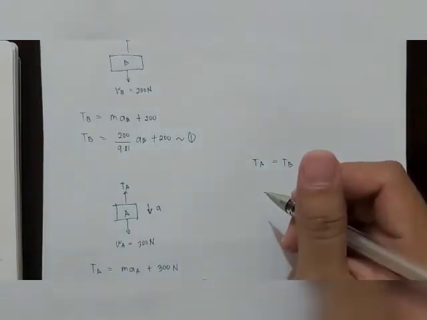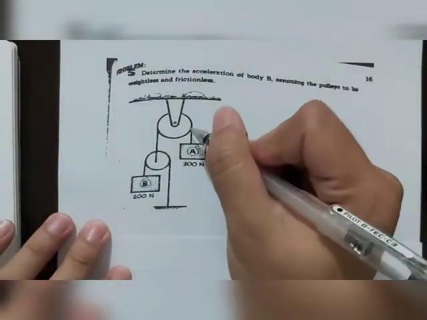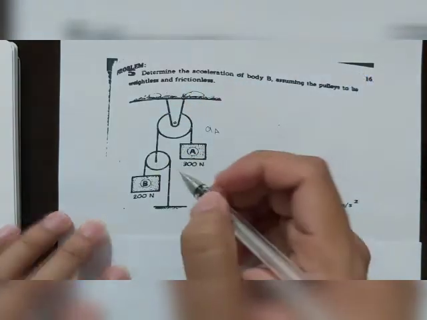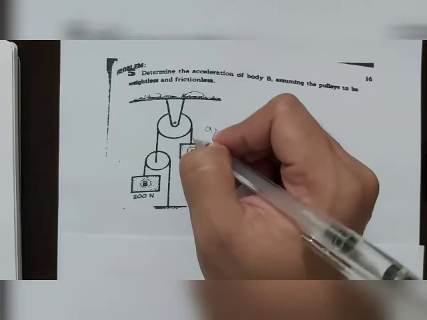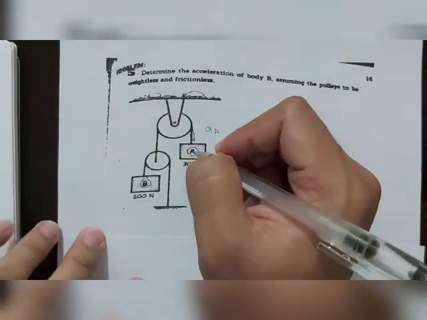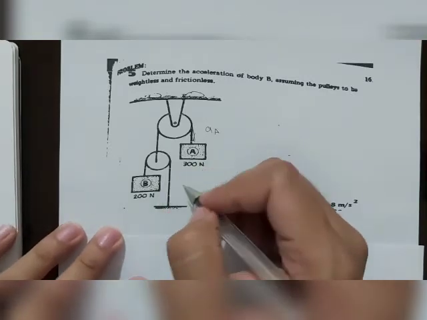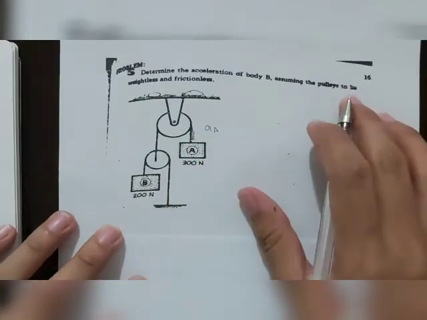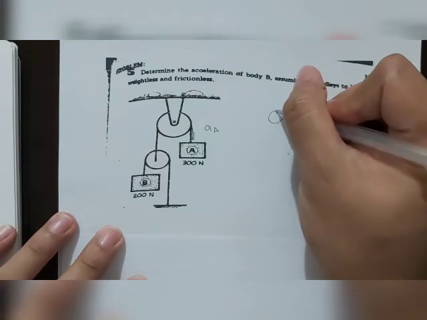Then, kung mapapansin natin sa diagram na given, kung meron tayong acceleration A dito, so may isang tension dito sa pulley, or may isang acceleration dito sa block A. So sa B naman, meron tayong dalawang, or over 2 sa acceleration. So mapansin natin, yung pulley natin is ganito.